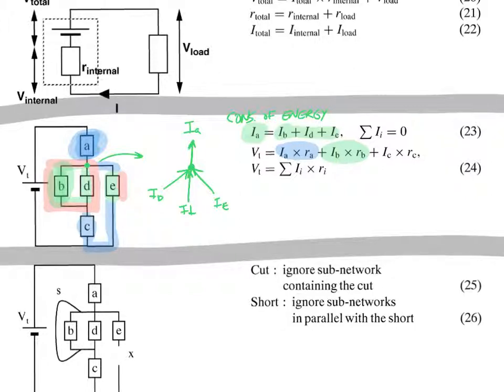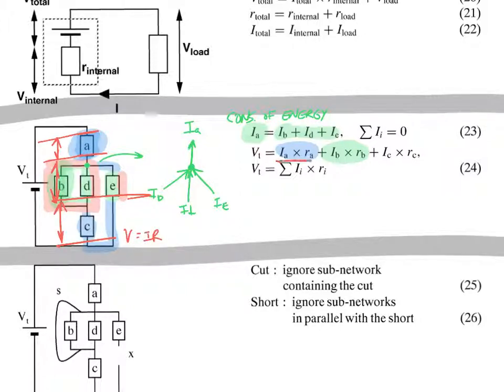BD is its own little parallel network, but E is in parallel with it. So there's a voltage drop here, and here, and here. So we have this change, and that change. And A, B, and C are the voltage drops, and voltage is always current times resistance.